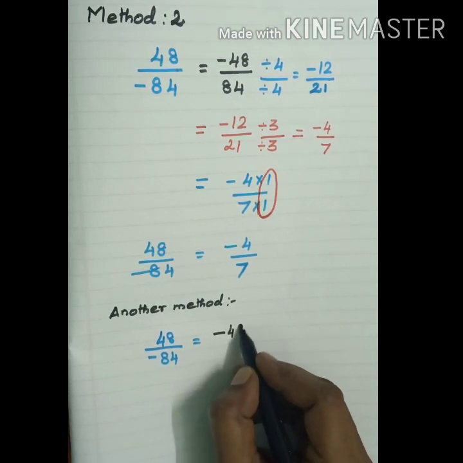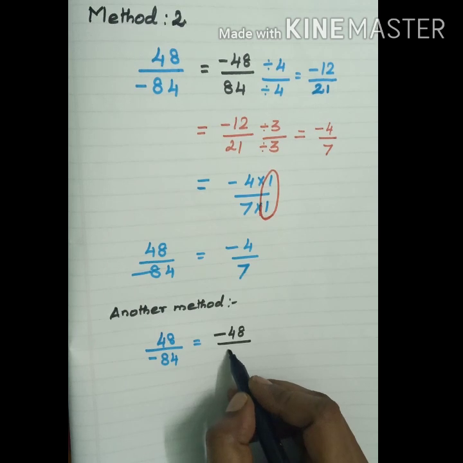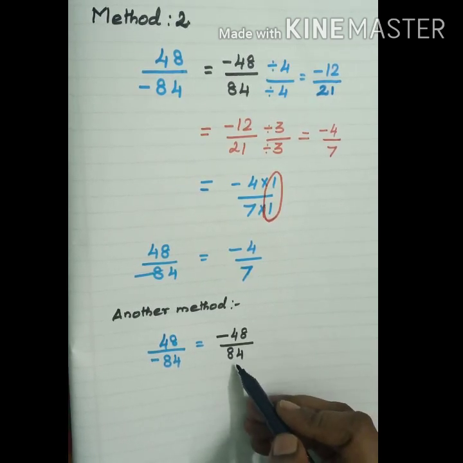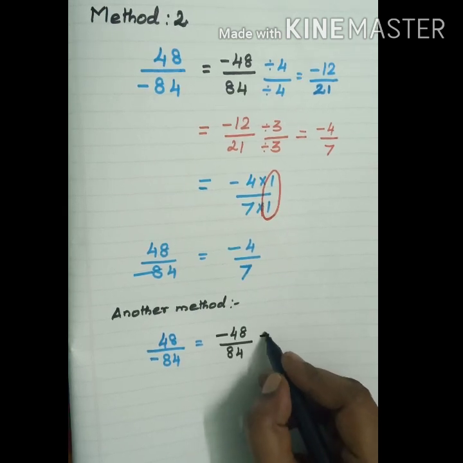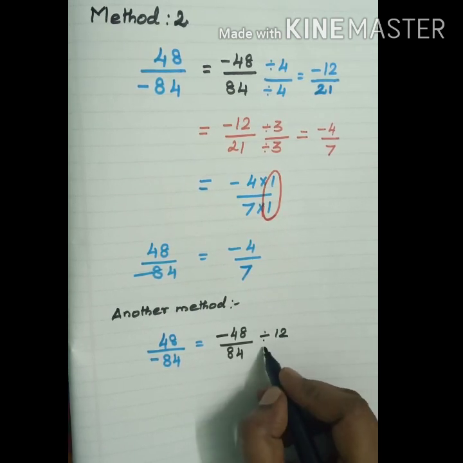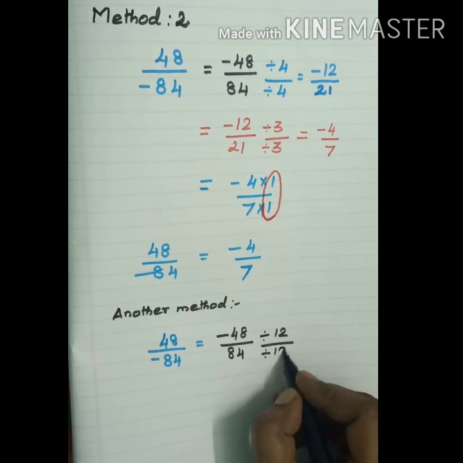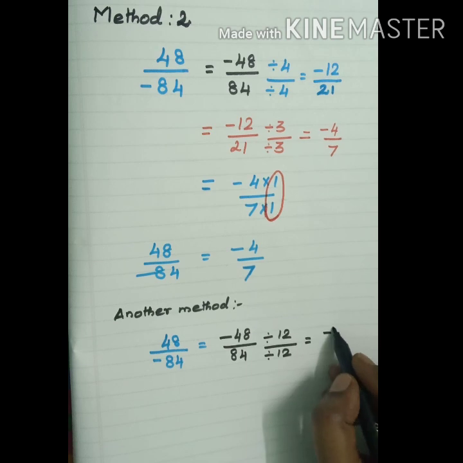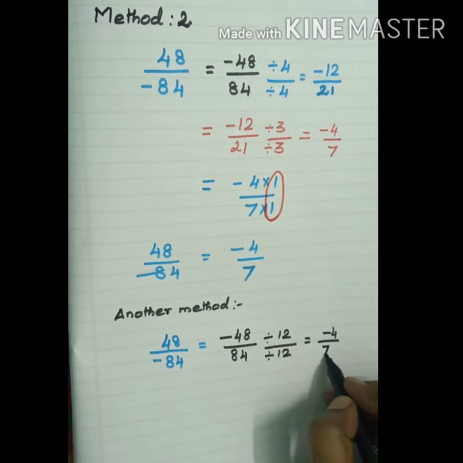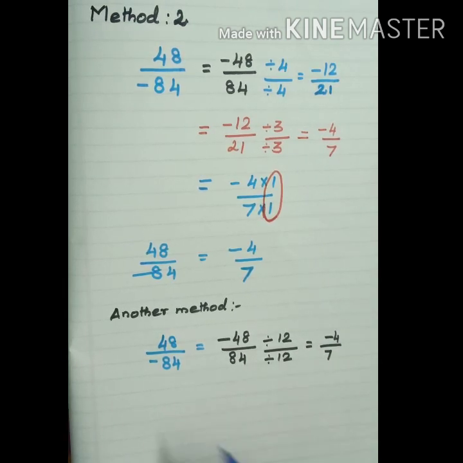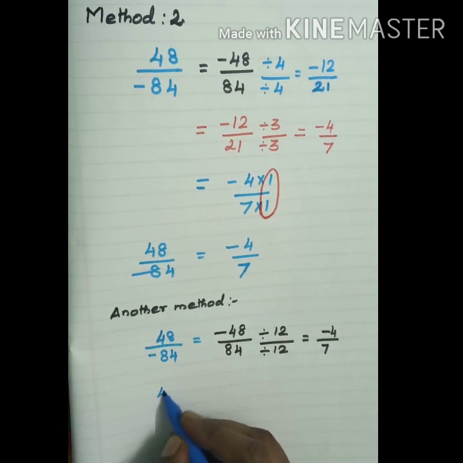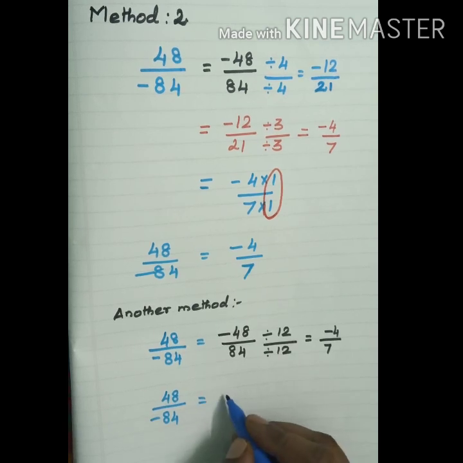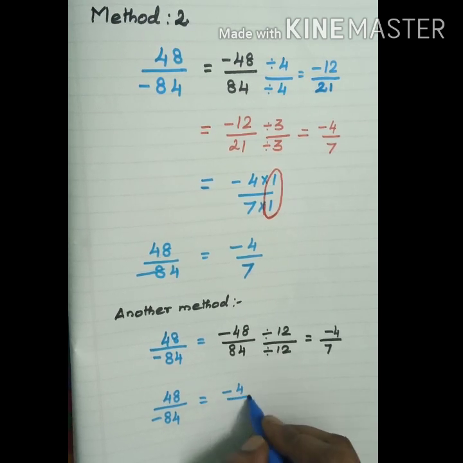That is minus 48 by 84. 48 and 84 are divisible by 12. So, we get the answer minus 4 by 7. That is 48 by minus 84 is equal to minus 4 by 7.